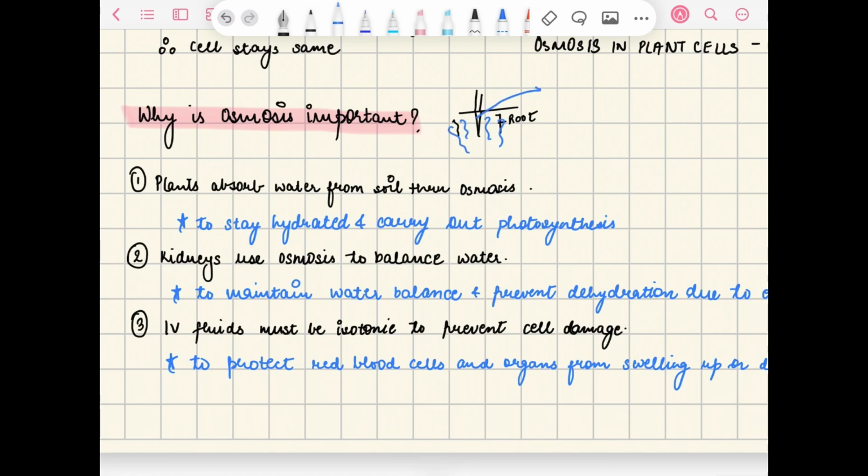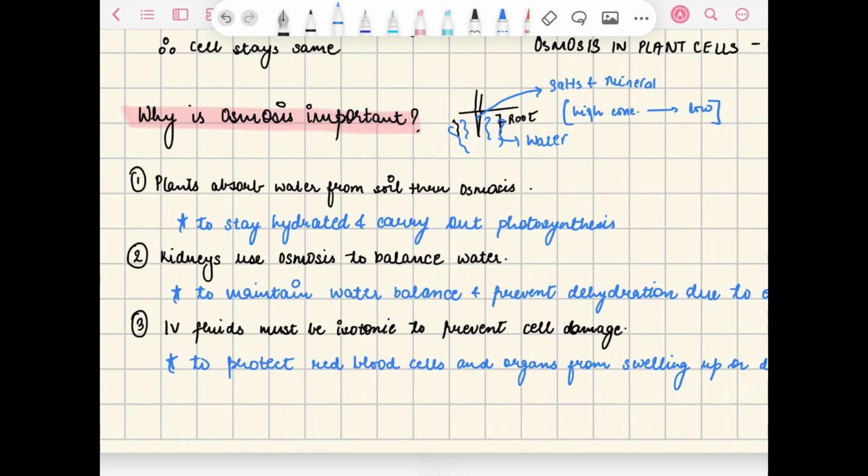The root will have a high reserve for salts and minerals. But what about the soil? It will have a high water reserve. So potentially what can happen is the water will move from high concentration to low. The roots will absorb water through osmosis.